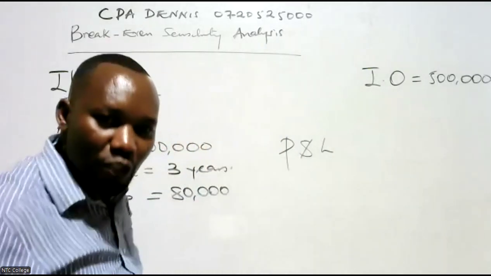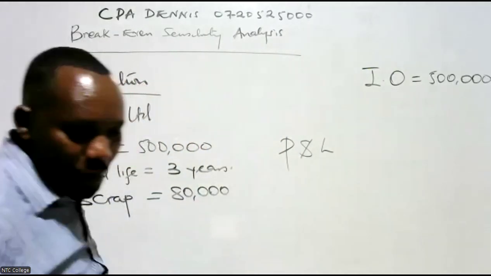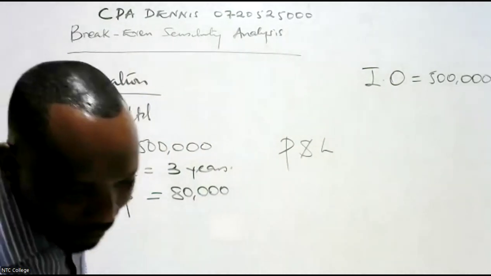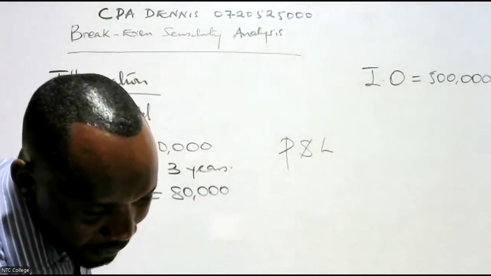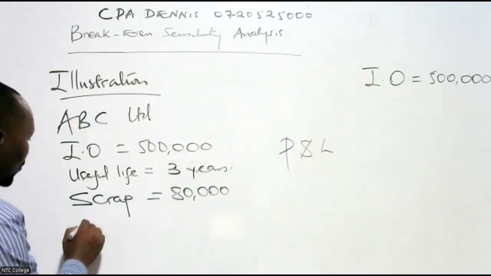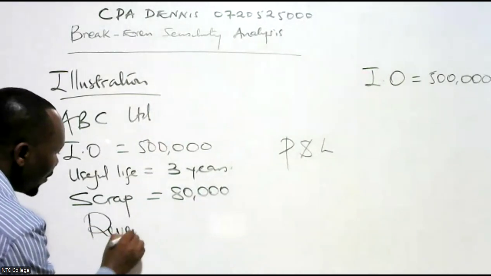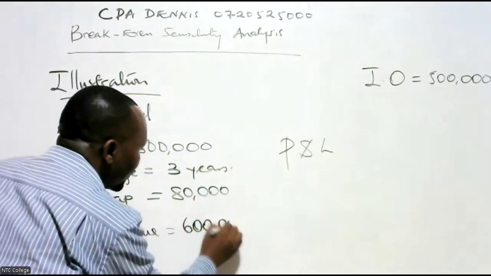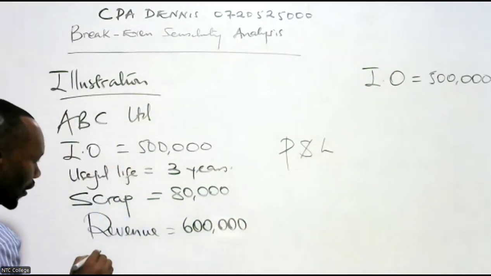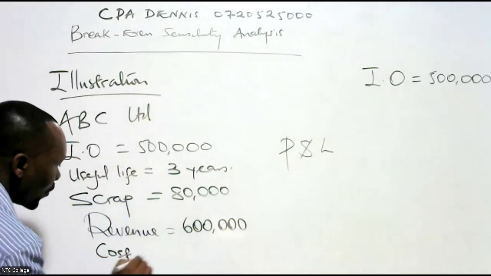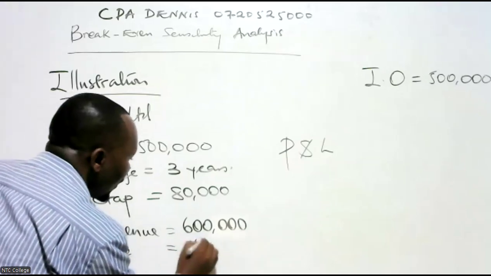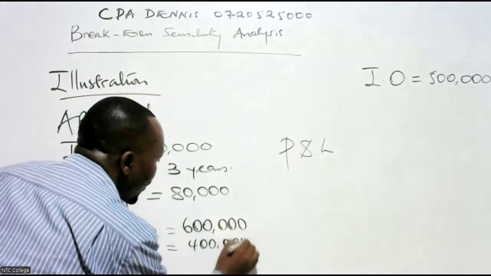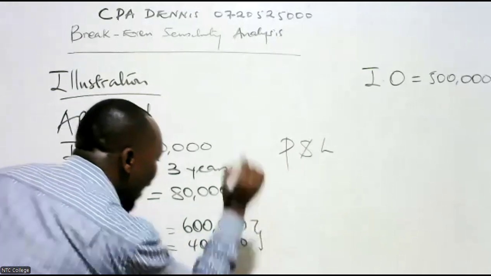It increases from 0. So we can be able to say that as well, that our revenue is expected to be 600,000 annually. Revenue will be 600,000 every year. And of course, we are told that the operation cost will also be 400,000 annually. So how much is our profit from here?